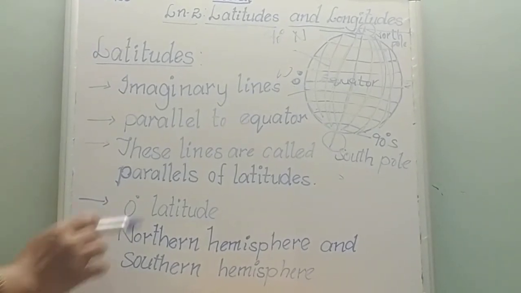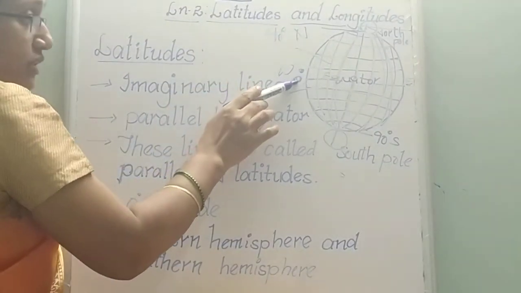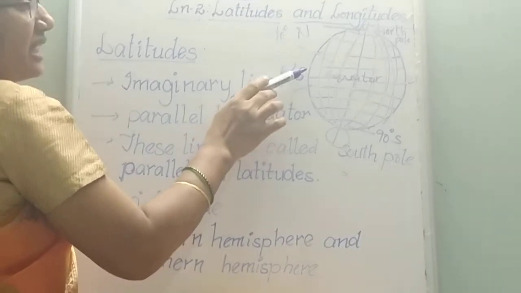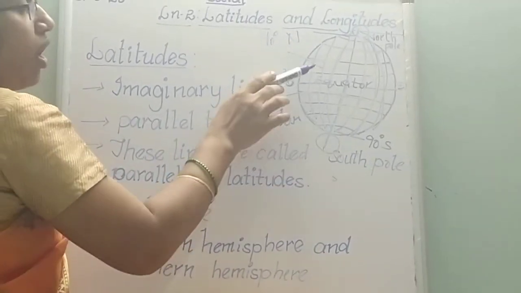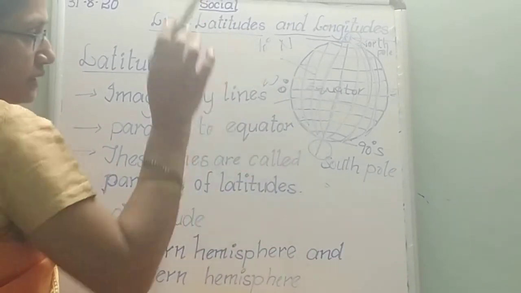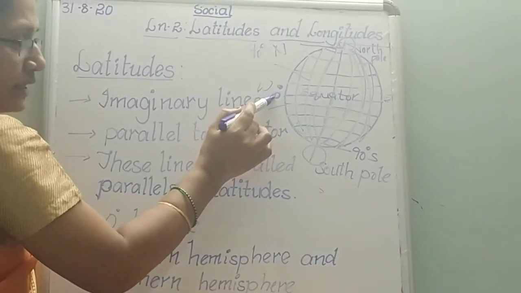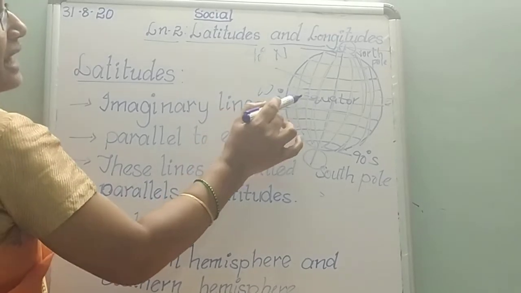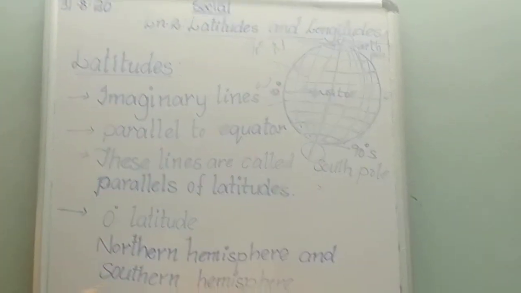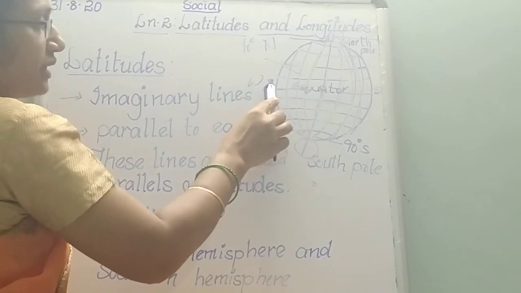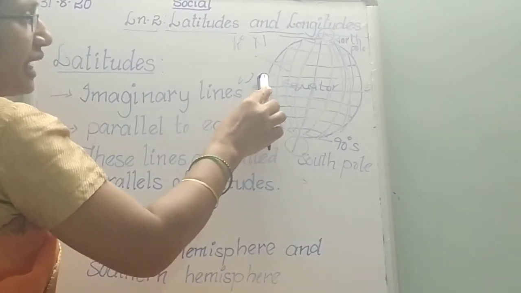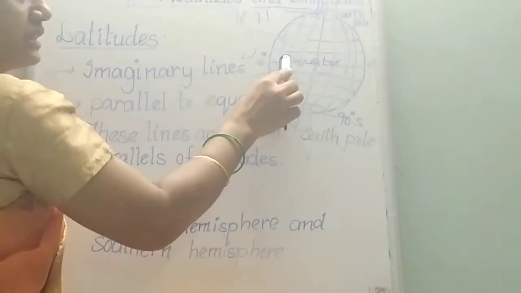Okay. So the equator, or 0-degree latitude, divides the earth into two halves or two hemispheres. Here I said, this one is the 0-degree latitude, or we can call it the equator.